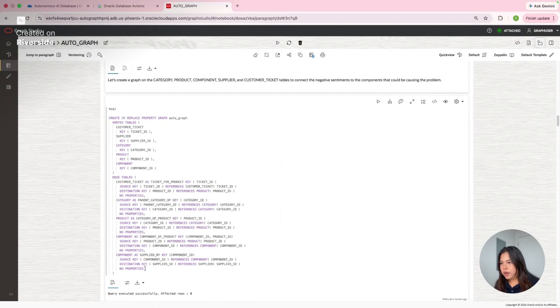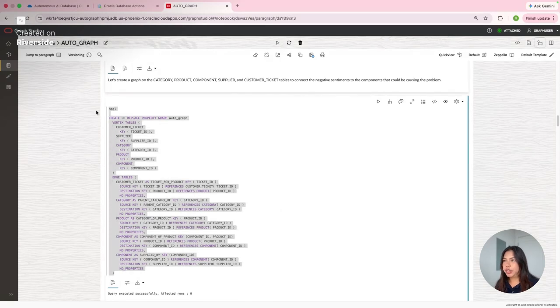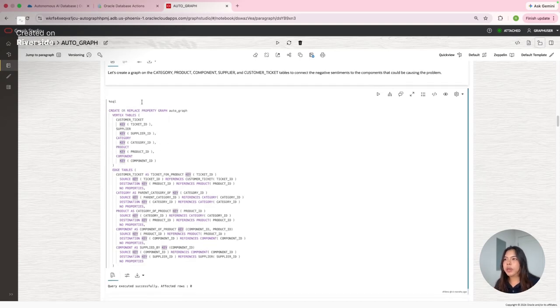In here, we have our create property graph statement. So this is the SQL behind how we create our graph. We actually have a graph modeler, but in this case, I already created my graph, so I'm just showing you how we created this graph behind the covers.